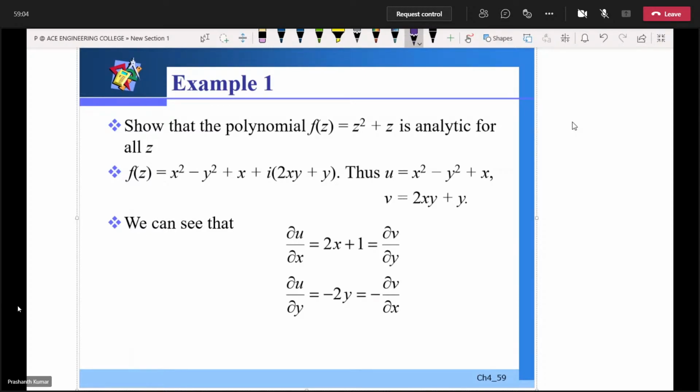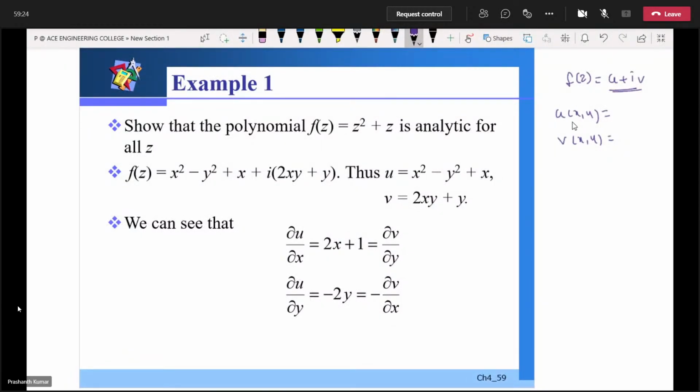Therefore, f of z I will write in terms of u plus iv. అంతే కదండి. Then u of xy I will write, v of xy I will write. So therefore, f of z I will write as u plus iv type.